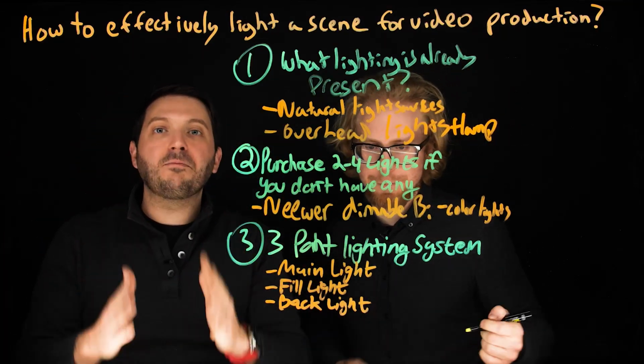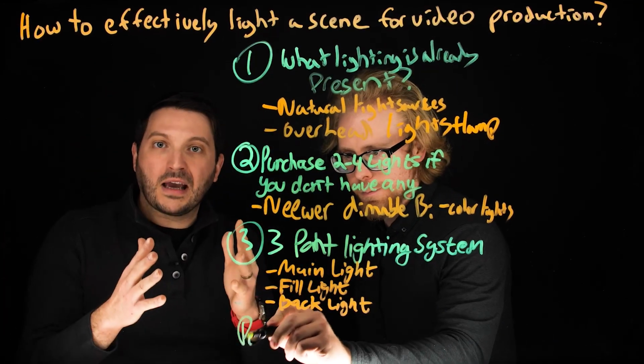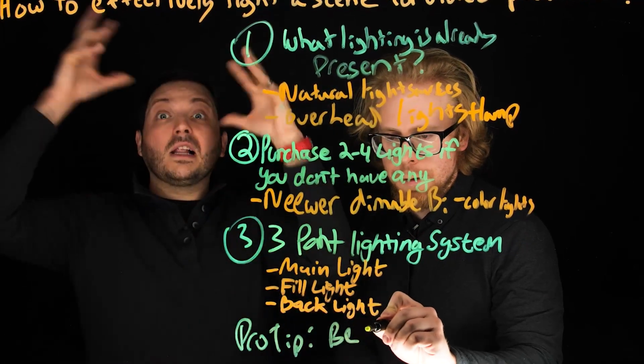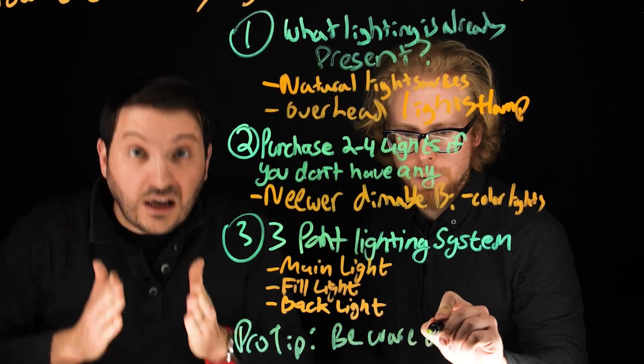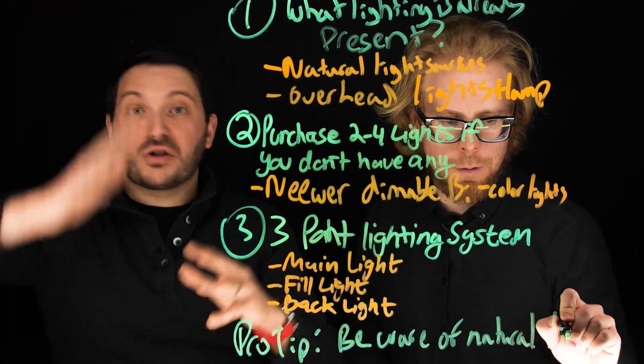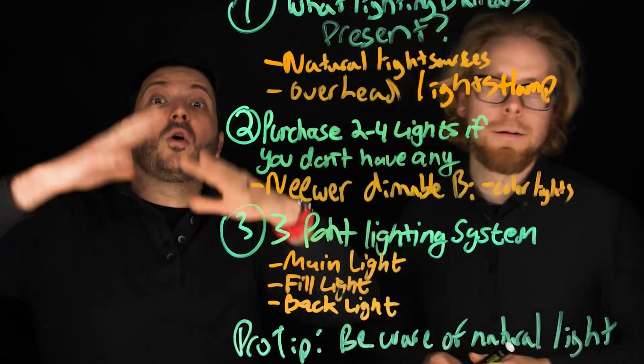So you have to be aware of that because you're filming and all of a sudden it just gets really dark or it gets really bright because the sun is shining right through that window or right on your actors or subject matter experts who you're filming if you're outside.